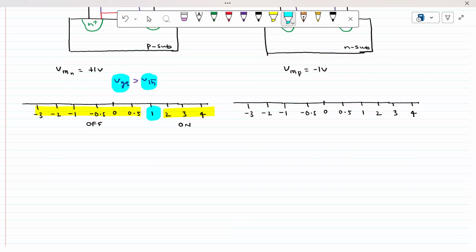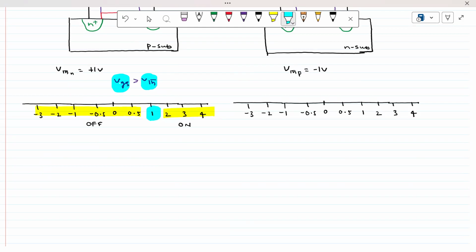If the threshold voltage of a transistor is 3 volts, for example, then it will be on only when VGS is more than 3 volts. Below 3 volts, whatever VGS value you apply, will the transistor be on? No, it won't.